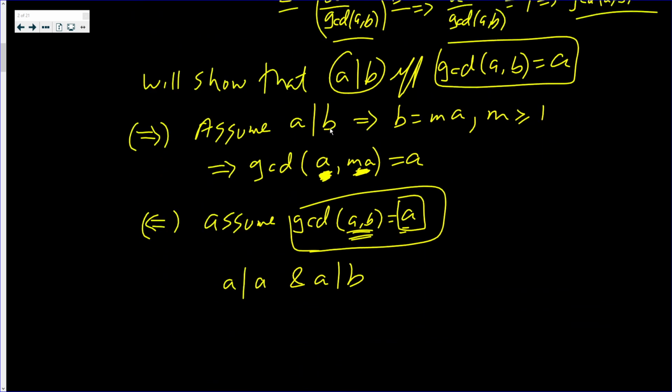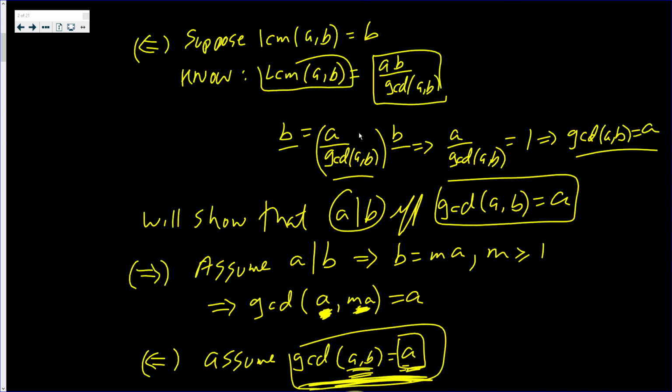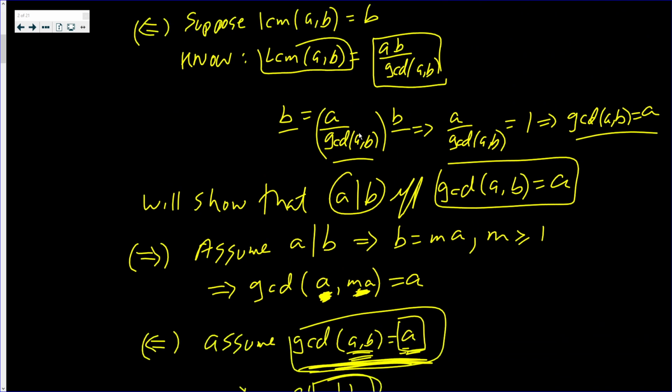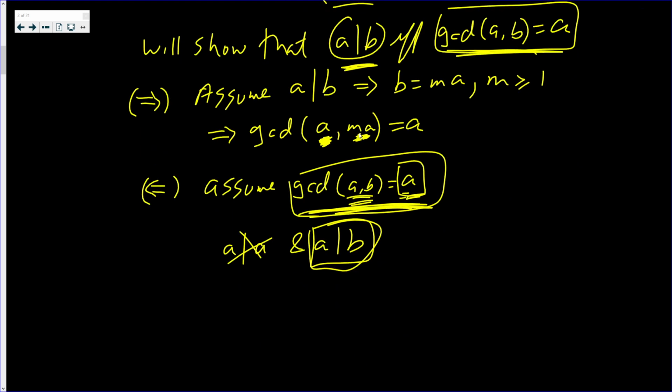But I don't really care about the first statement. a divides b. That is, if the GCD of a and b is a, then a divides b. That's what I wanted to show. I wanted to show that if I have this, then I have that. That completes this proof. Nice and quick.